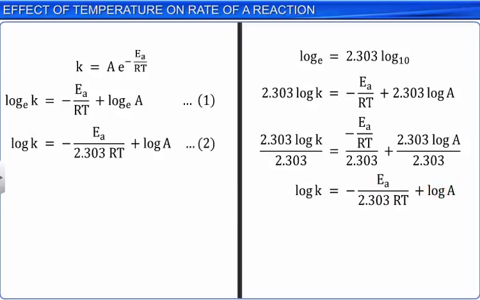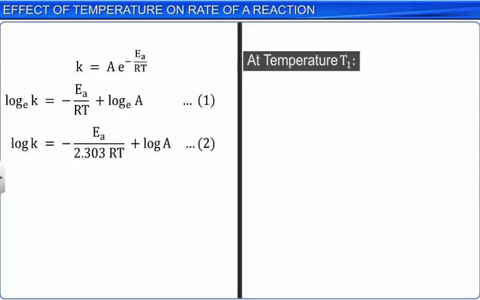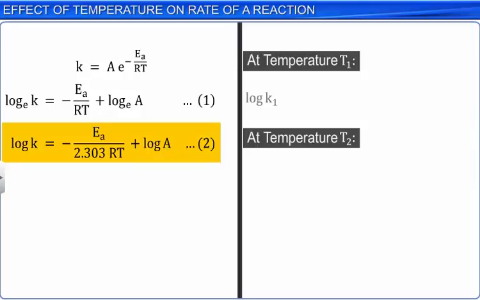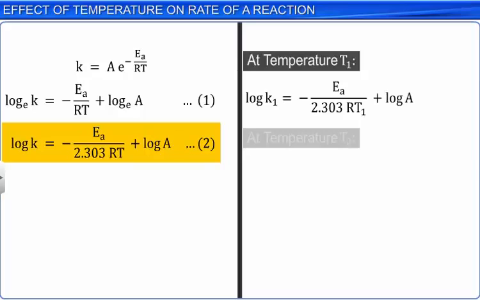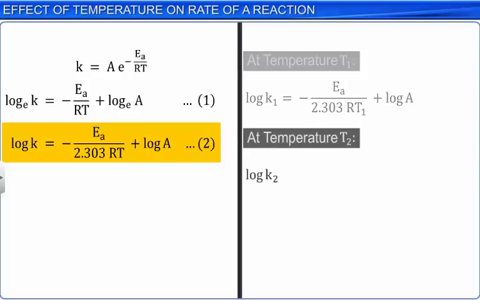At temperature T1 and T2, equation 2 becomes log K1 is equal to minus EA divided by 2.303 RT1 plus log A. And we get log K2 is equal to minus EA divided by 2.303 RT2 plus log A. Let these equations be 2A and 2B respectively.